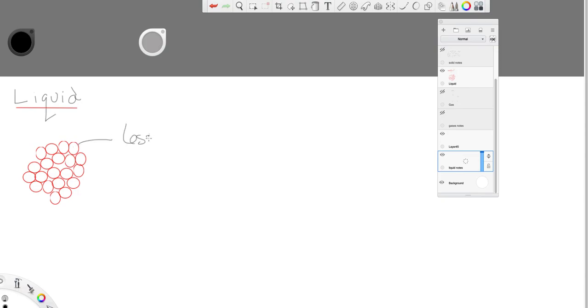This is less regular. You're going to have some order, but over a much shorter range. The spacing between your atoms or molecules is about the same as the spacing in a solid.